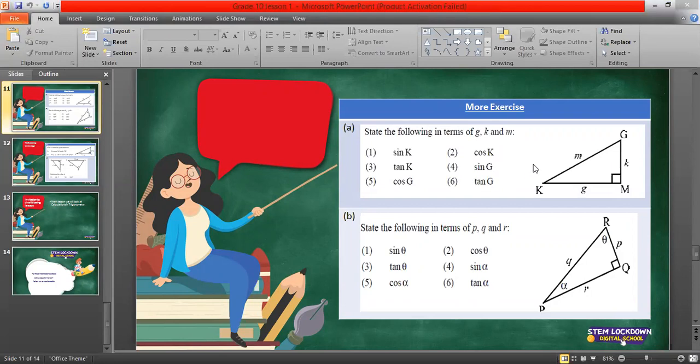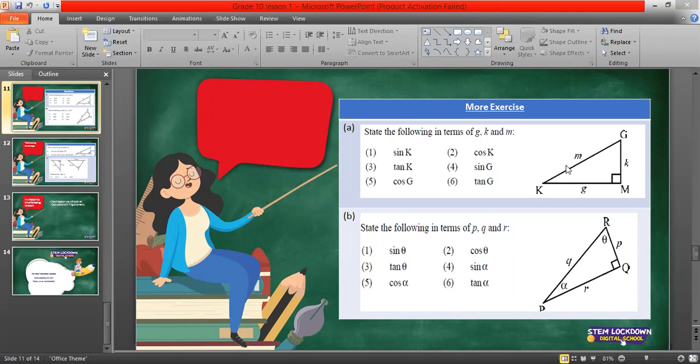So what's the opposite here? It will be small k over hypotenuse M. So sine of angle K is opposite over hypotenuse, k over m.